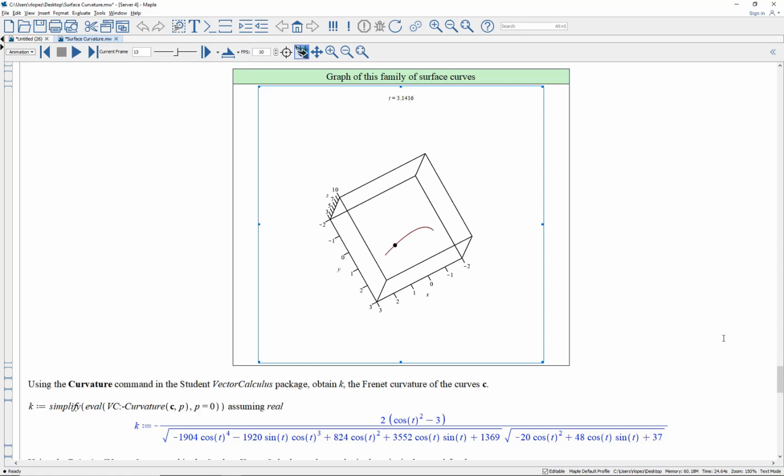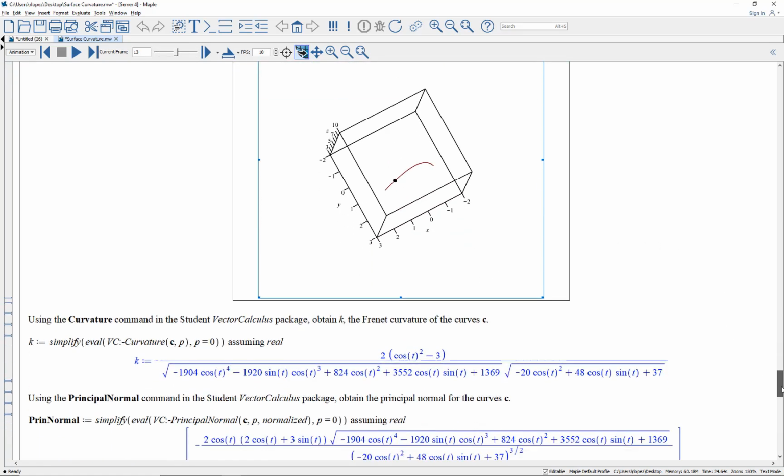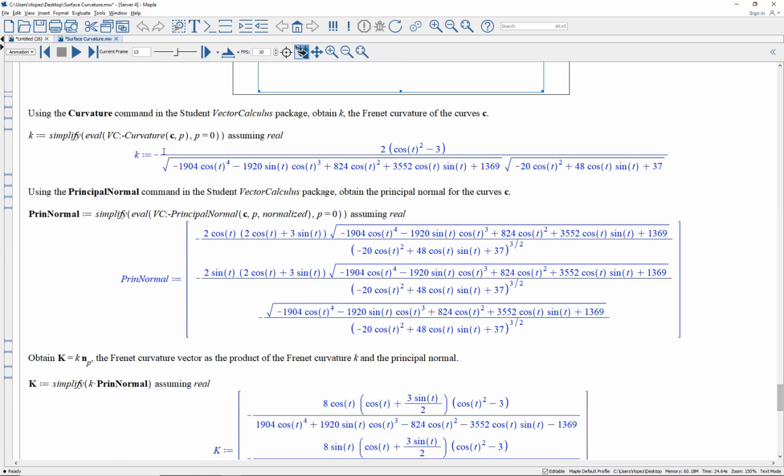Okay, so I said, let's get the curvature of that family of curves, and I call that little c. The parameter on any one of those surface curves is p. So I get the ordinary curvature, the Frenet curvature. I get this expression.